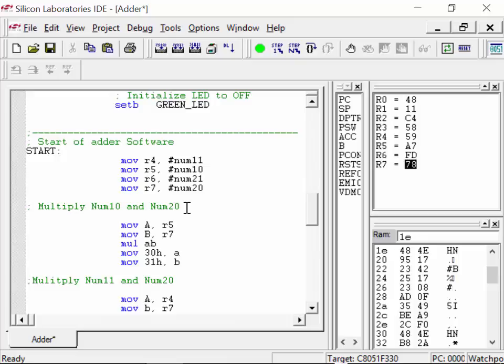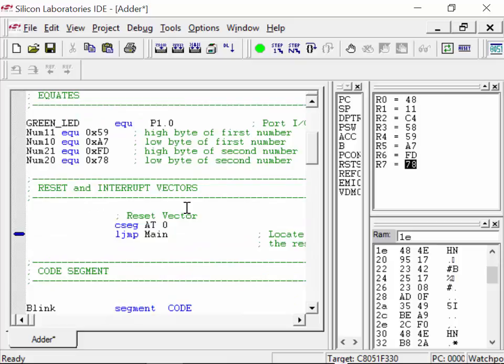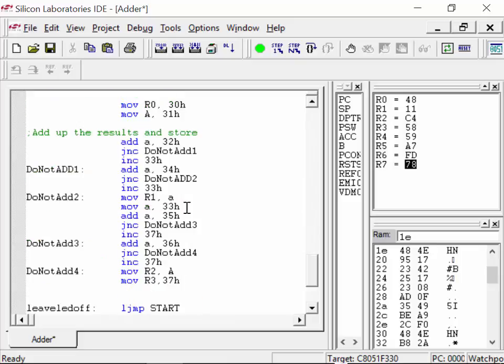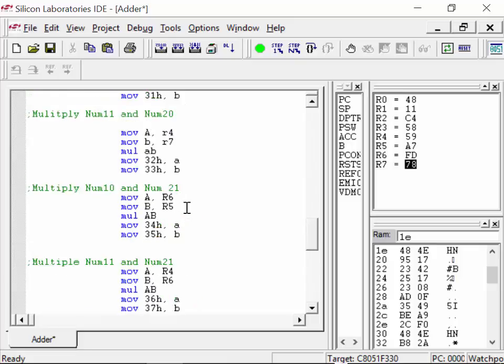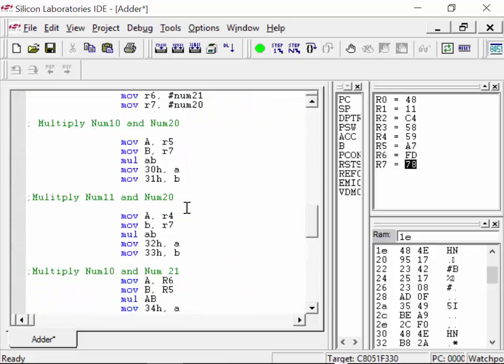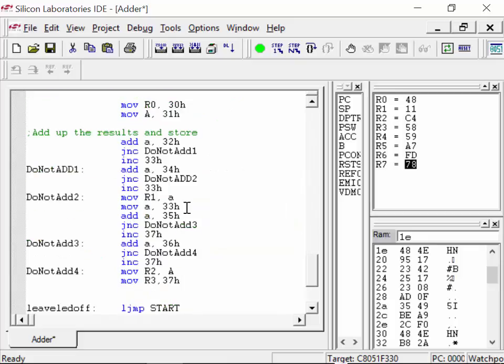This is our initial storage right there, and we're just grabbing them from our memory. Then we store the results in our memory locations after every multiply. So we start off with our numbers in our registers, and we end up with our results in the registers.